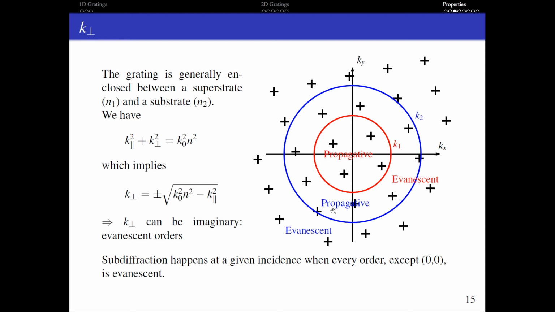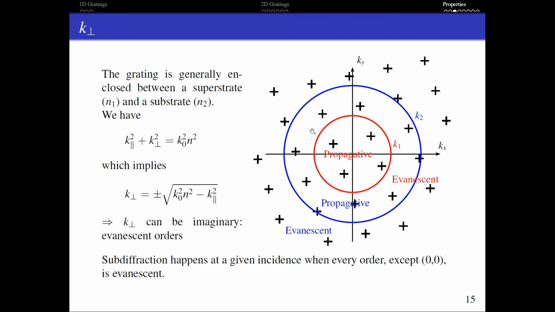Everything else is going to be evanescent. Inside the substrate, for instance, since we have a higher refractive index, we are going to have more diffraction orders because the circle is bigger here.